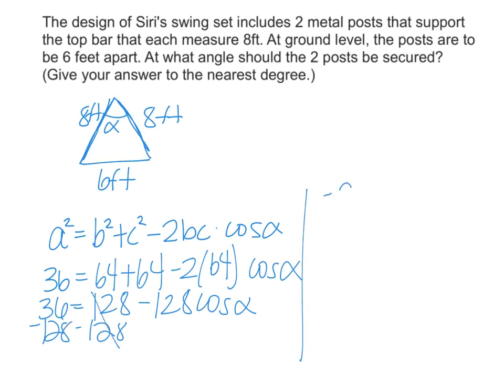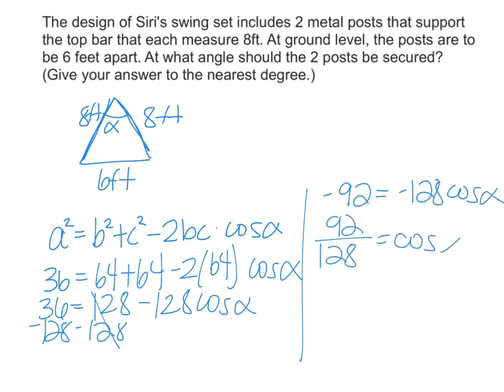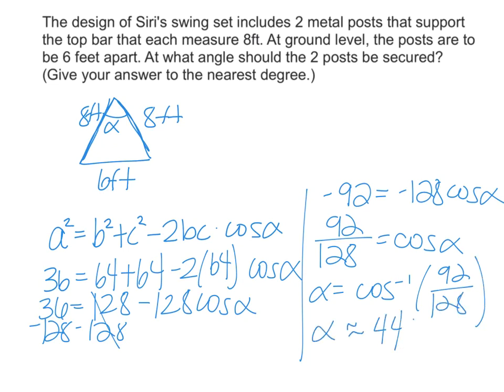So I get that negative 92 is equal to negative 128 cosine of alpha. So we get 92 over 128 is equal to cosine of alpha, and again, alpha is equal to the inverse cosine of 92 over 128. So we get alpha to be about 44 degrees.